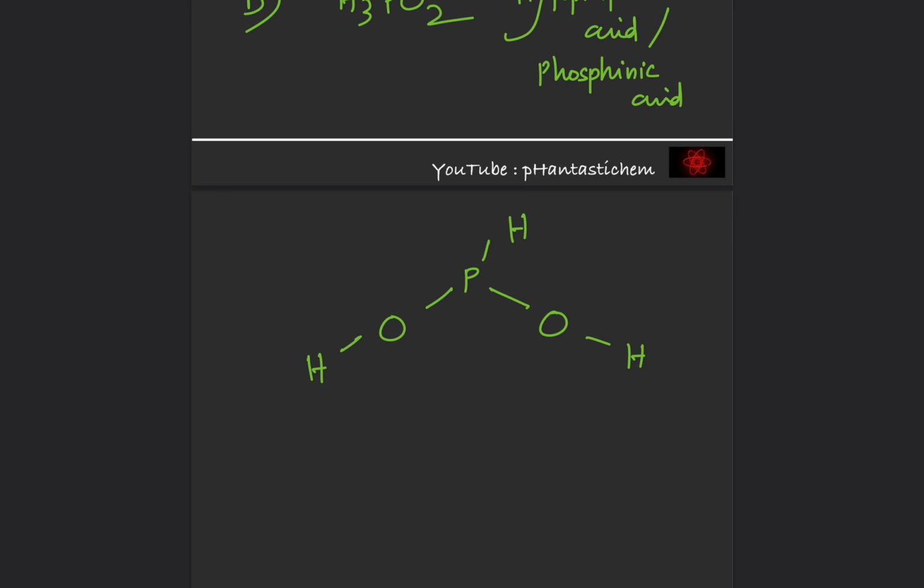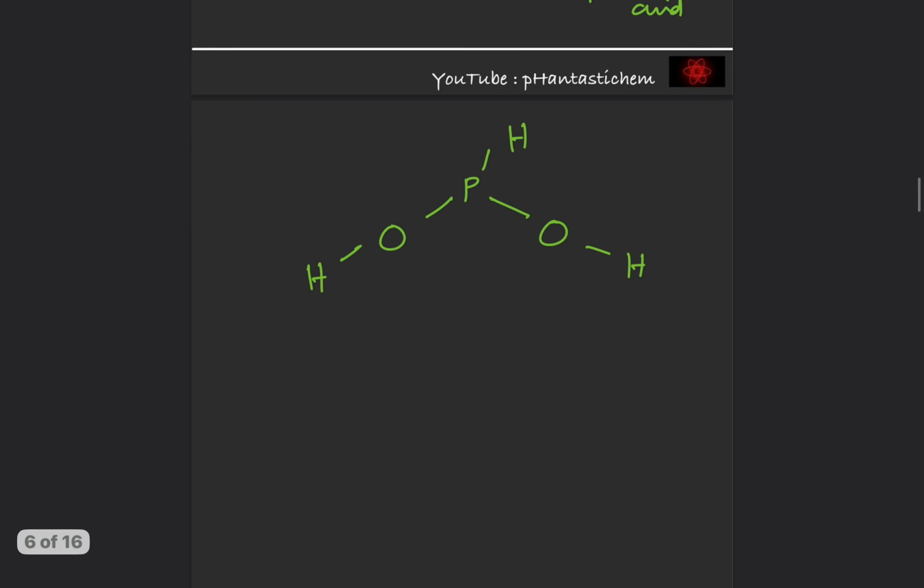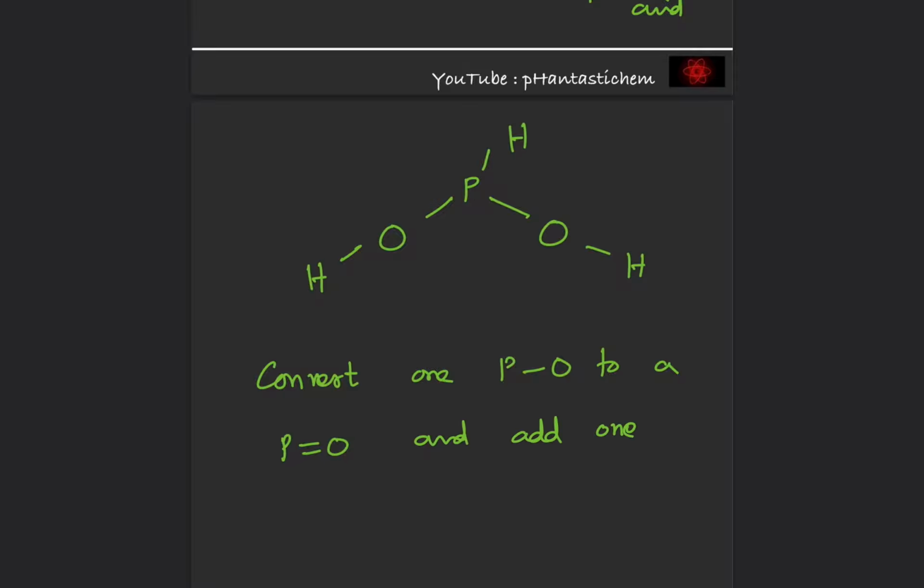So therefore convert 1 P single bond O, sorry, to a P double bond O, and add 1 more P-H bond. So what I am saying is convert this P single bond O into a double bond, and this H is a separate P-H bond.